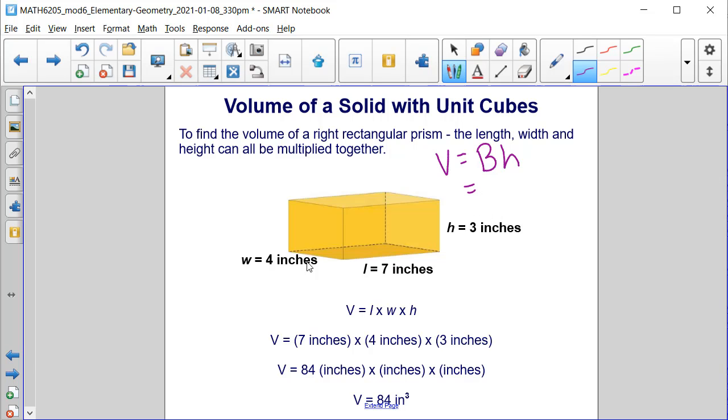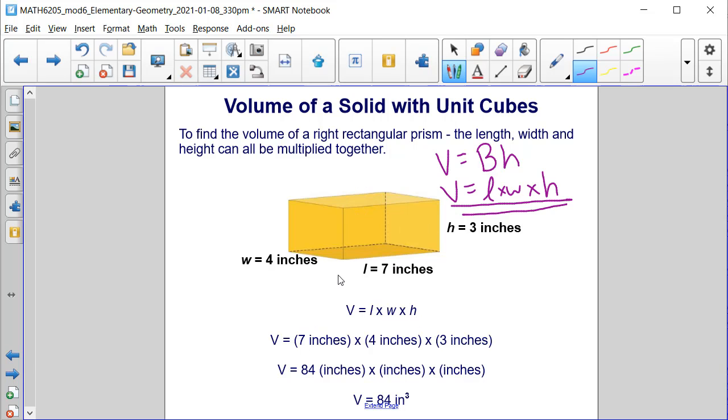Well, since the area of our base is length times width, we could substitute this expression in for capital B, for the area of the base, and drop down the multiplication by height to get this other formula for the volume of a rectangular prism, which is the volume is equal to length times width times height.